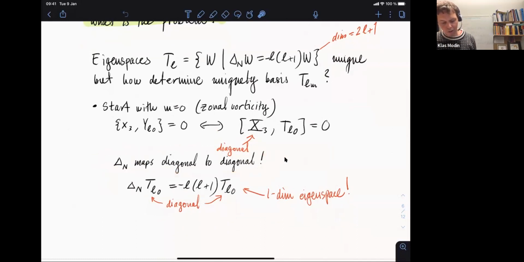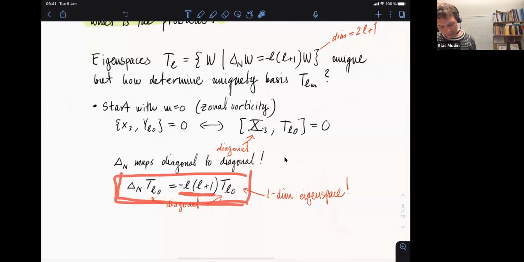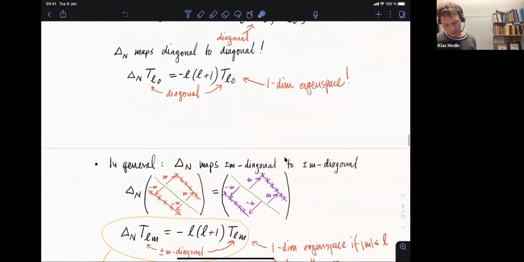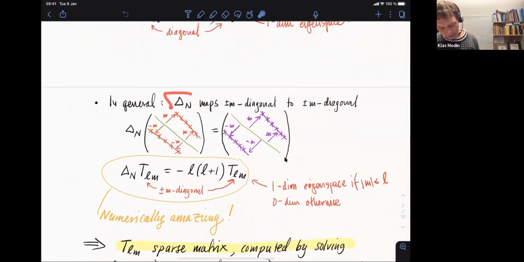So we can restrict the problem first to just diagonal matrices and solve this problem for each possible L. And then each of these subspaces, in the subspace of diagonal matrices, is a one-dimensional eigenspace. So then it's unique. And in general, it turns out that this Laplacian maps matrices that are m-diagonal, meaning they have something on the mth diagonal but nothing in between, zero here, zero here, something here, and you get a new matrix which has exactly the same structure.